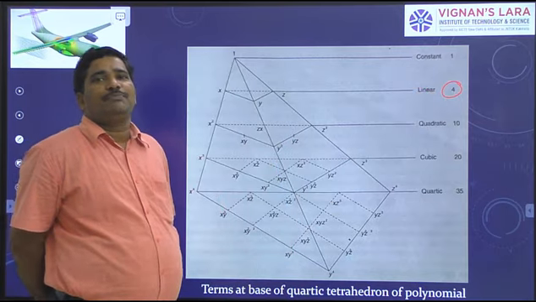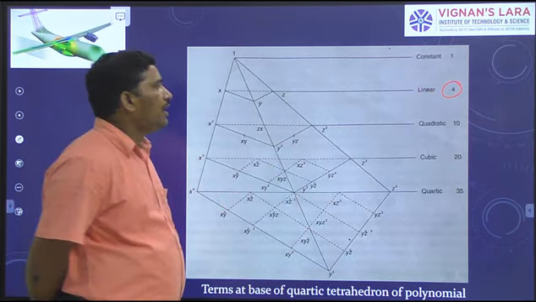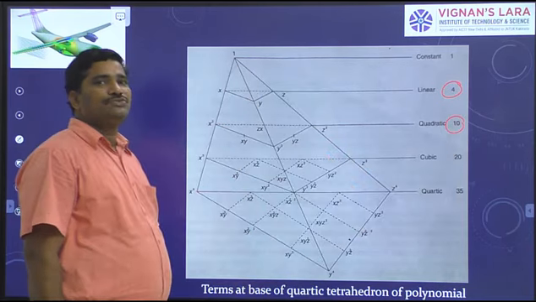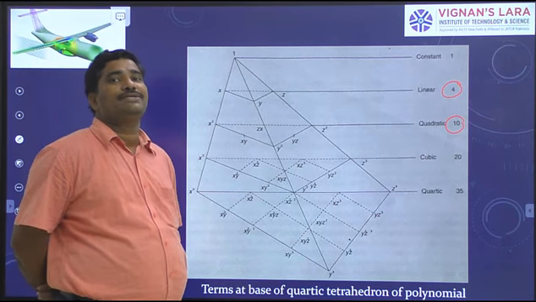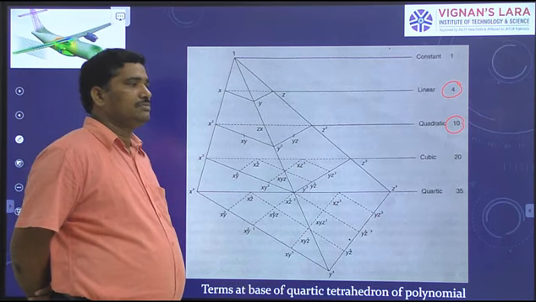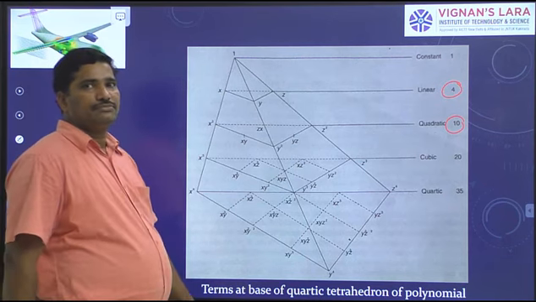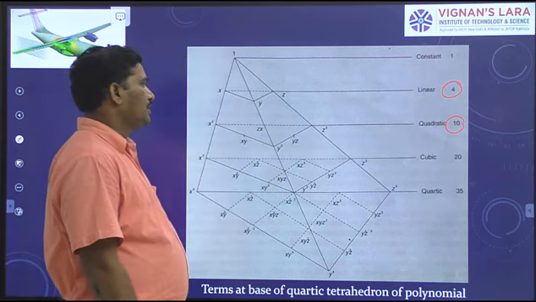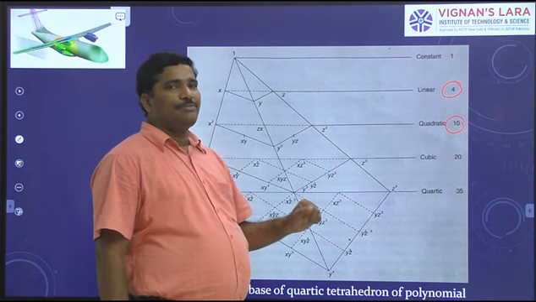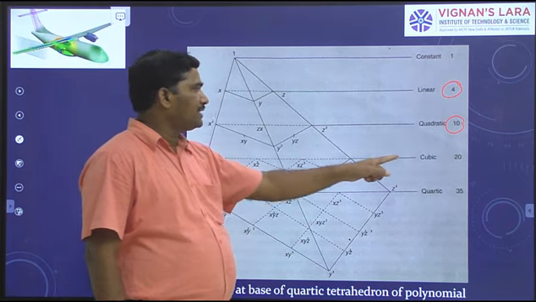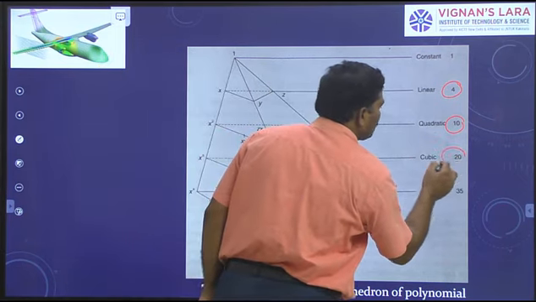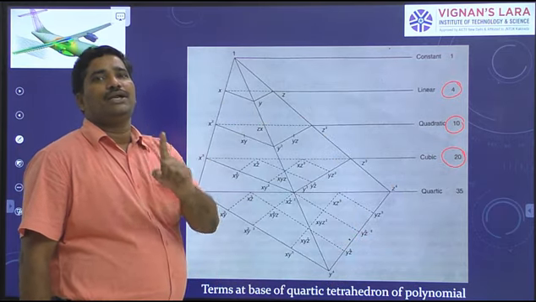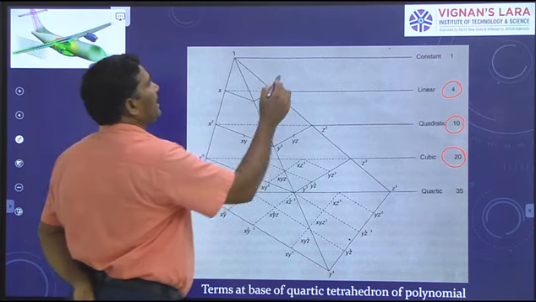When the order of the polynomial is 2, then how many terms does it contain? 10. What is the formula? (n plus 1) into (n plus 2) into (n plus 3) by 6. This is the formula. So therefore, you get 10 terms. Next, when the order of the polynomial is 3, how many terms does the polynomial contain? 20 terms.